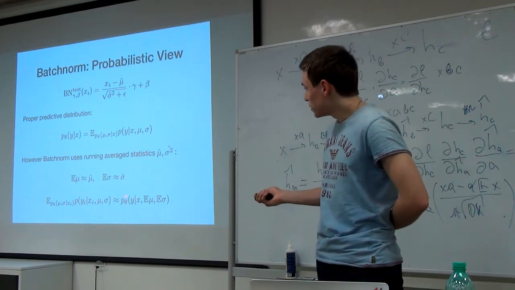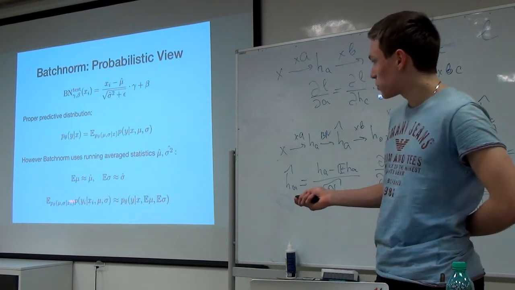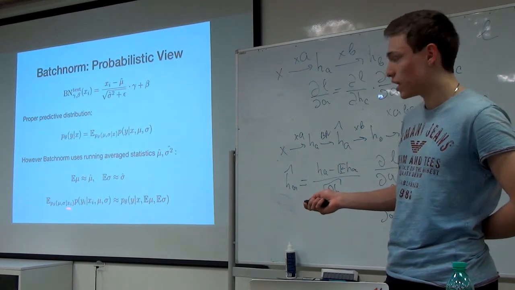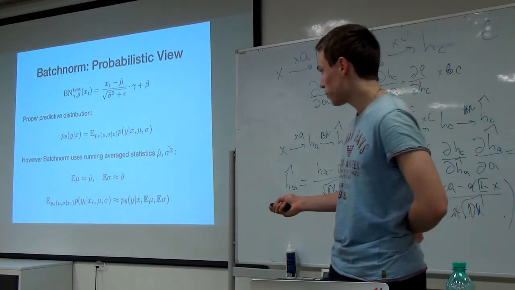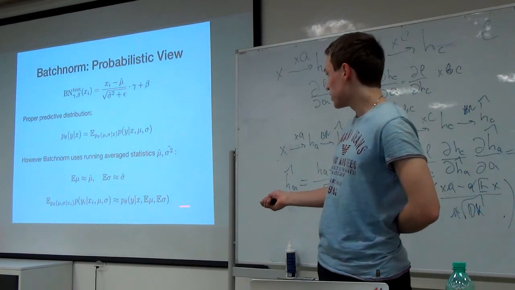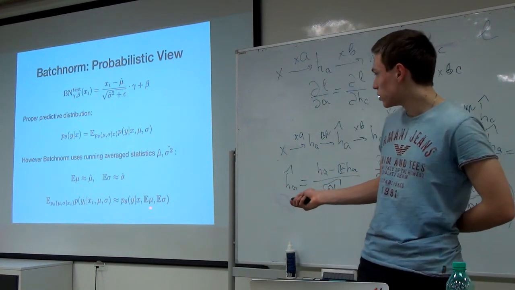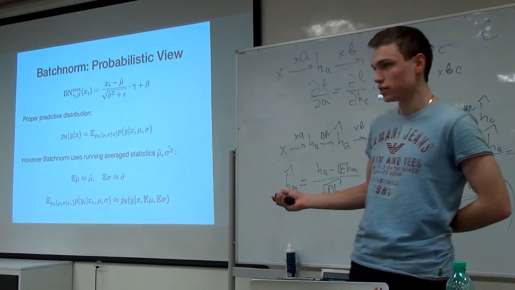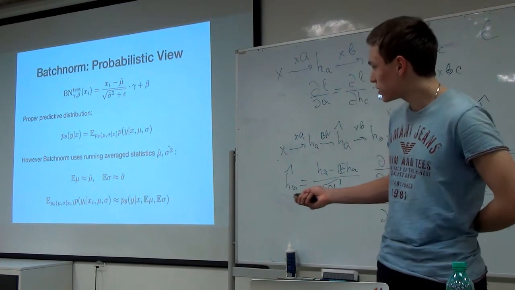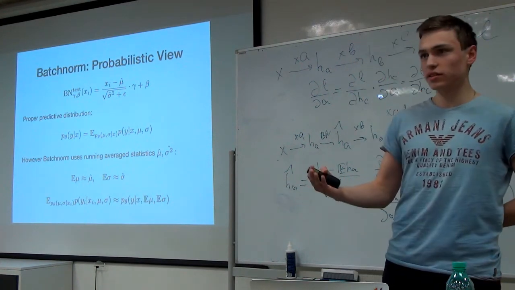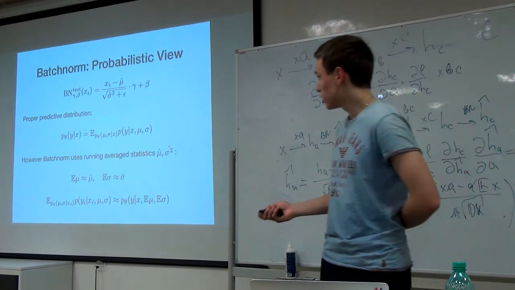It can be seen as an approximation of this expectation with the likelihood at population statistics. And this estimation is actually biased. Why?